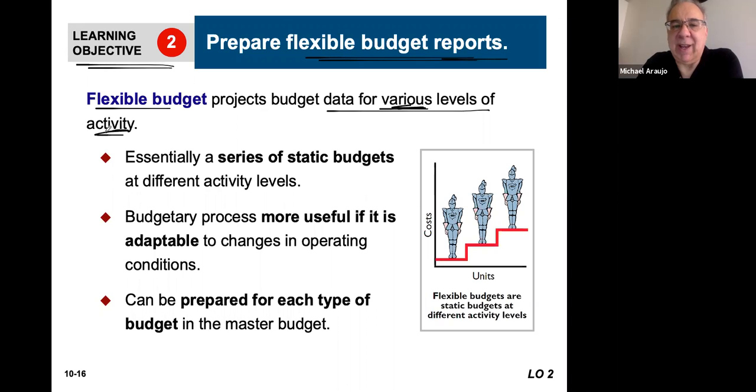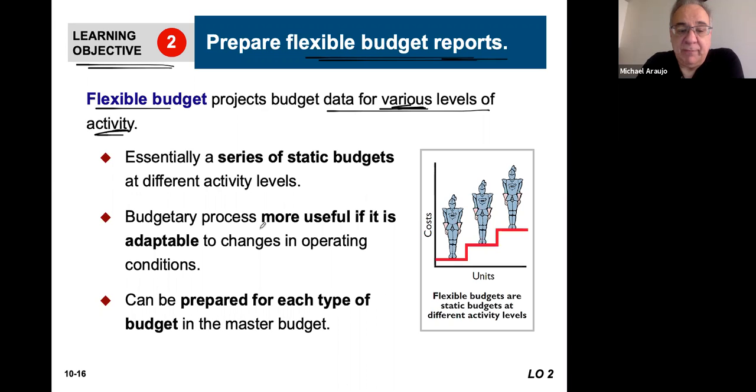But what if you had a series of basically static budgets at various activity levels, 5,000, 6,000, 7,000 units, and thus you can compare it better, okay?